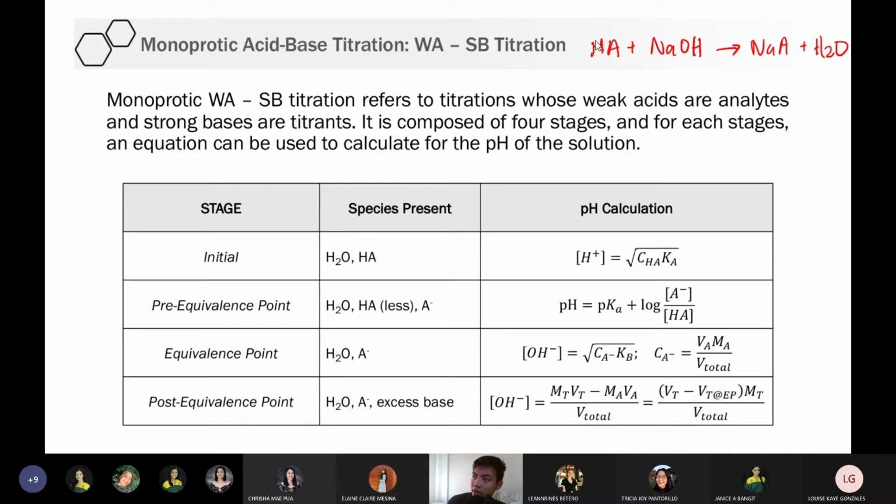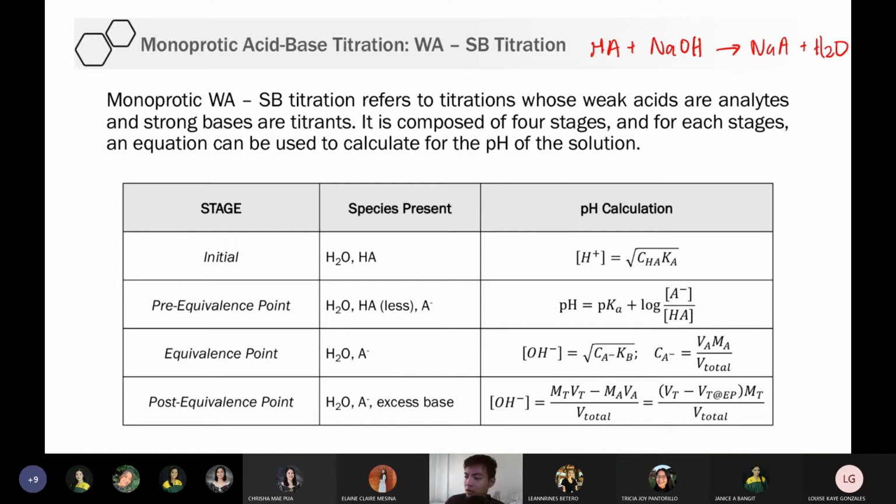When we add titrant to our acid, that means nababawasan yung acid natin. And some of them are converted na into the moles of conjugate base. And again, whenever you have a solution with a conjugate base and acid pair, that means we are in a buffer region.